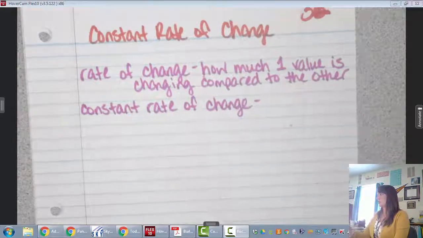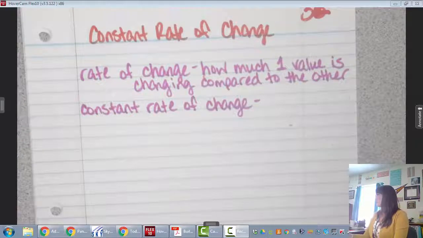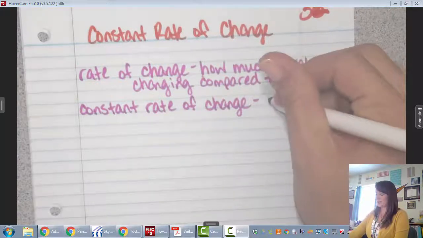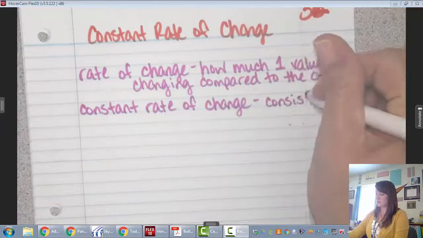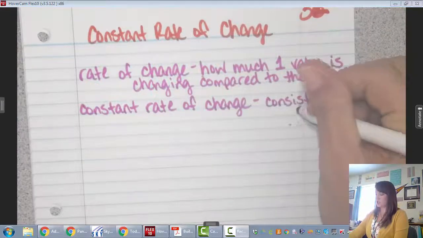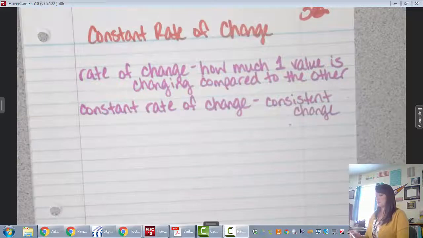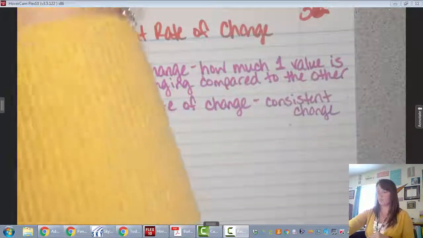So like every shirt is going to cost $6, or every egg is going to cost 28 cents. So I'm going to say consistent change. Nothing crazy. It's not going to randomly throw a number. It's just going to be the same every time.